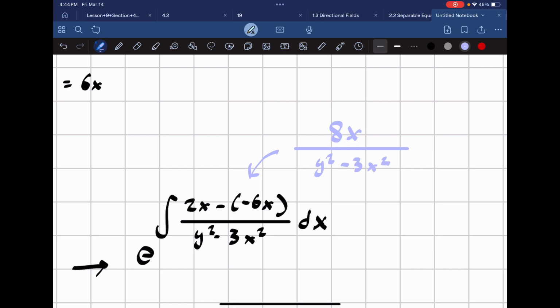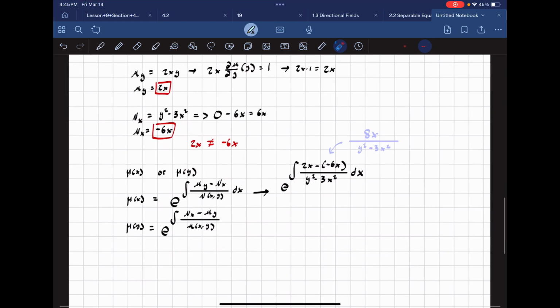As you can see here, you can't really separate this and that to depend on one variable. This depends on two variables. So let's go to mu of y.